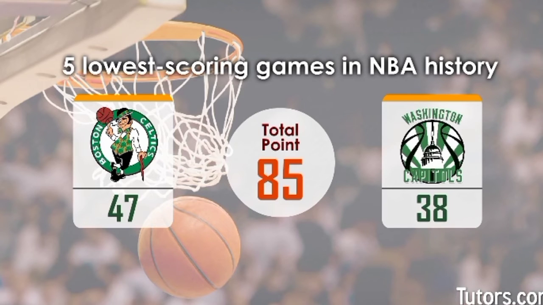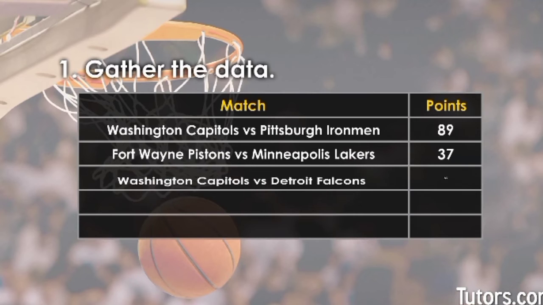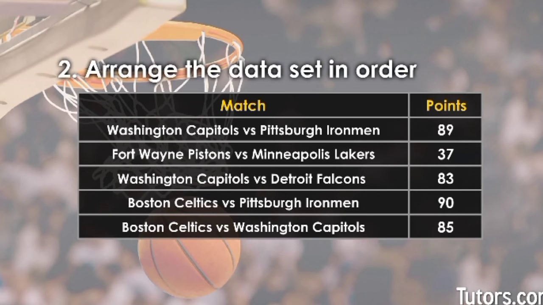Now let's go through the 3 steps to find the range in the total points scored per game. Step 1. Gather your data. We have 5 total data points to study: 89 points, 37 points, 83 points, 90 points, and 85 points. Step 2.